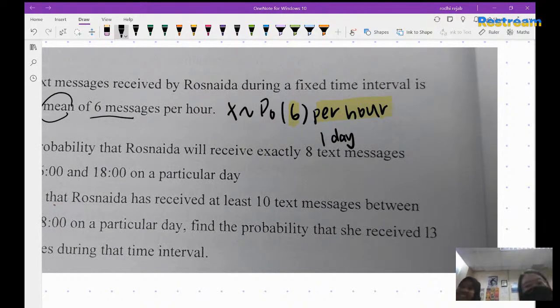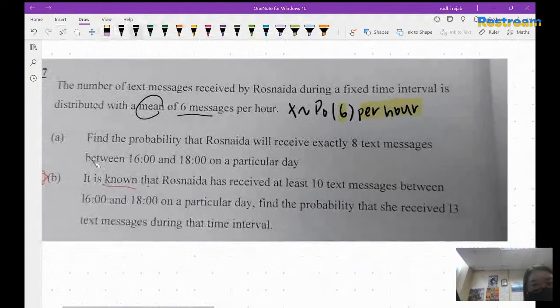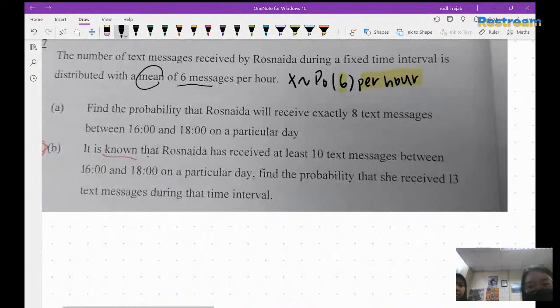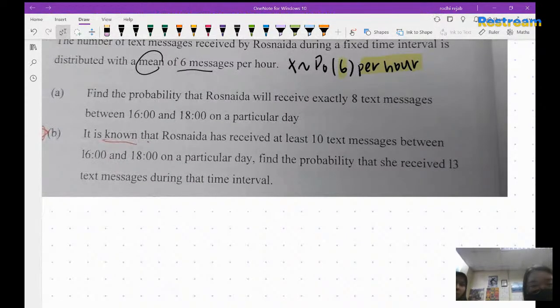So kita kena darab 24 lah. Okay, so yang 4 ini kena take notes. Okay. So, find the probability that Rosnaida will receive exactly 8 text messages between 4 p.m. until 6 p.m. on a particular day.